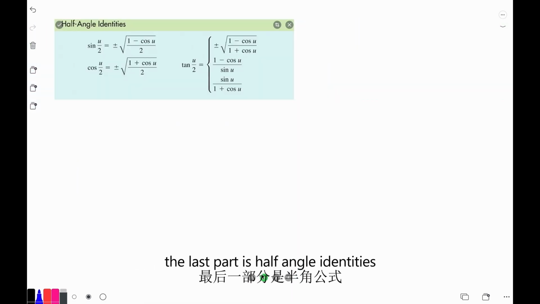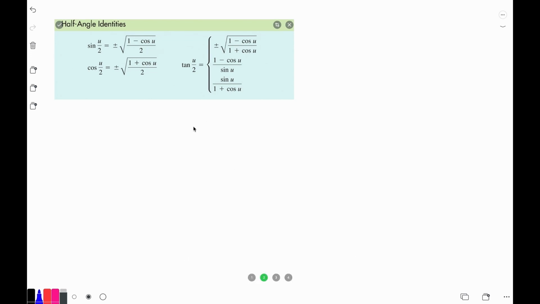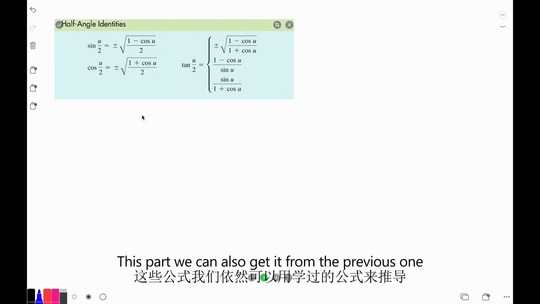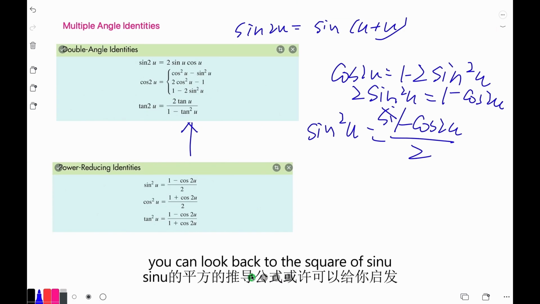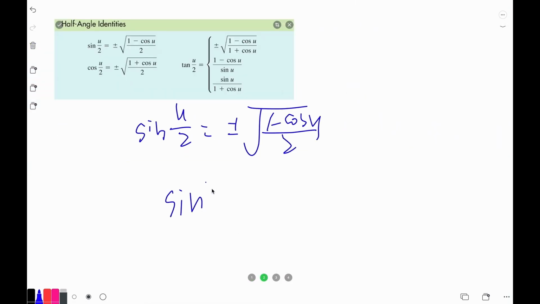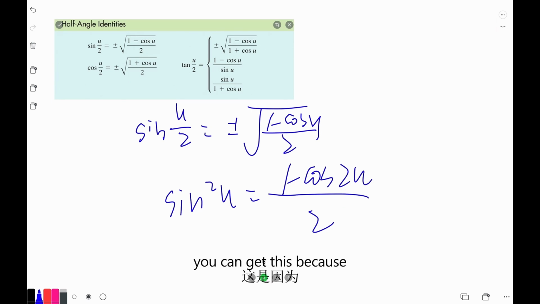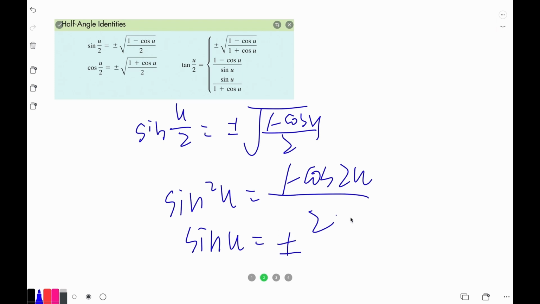The last part is half angle identities. This part we can also get from the previous one. I will do an example for you too. How do we get this one? You can look back at the square of sine u, which equals 1 minus cosine 2u over 2. So sine u equals plus or minus the square root of 1 minus cosine 2u over 2.